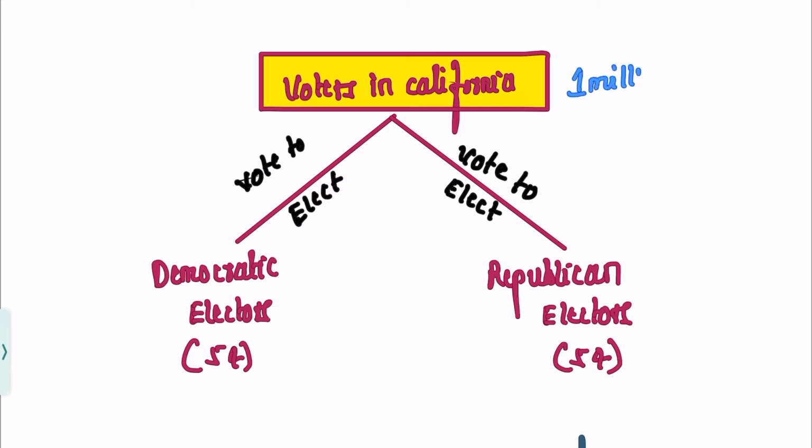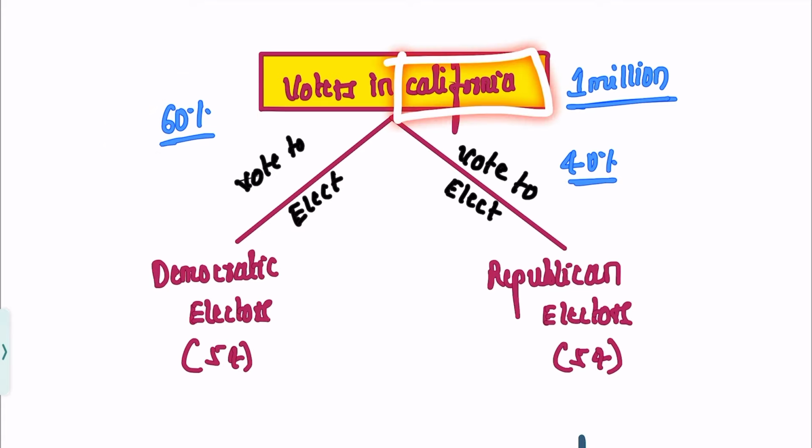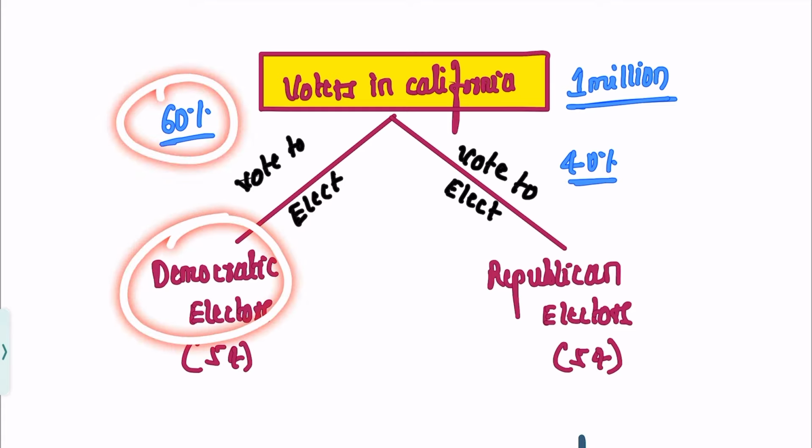And if among these 1 million voters, 60% voted for the Democratic Party nominee and 40% voted for the Republican Party nominee, which party has the majority? The Democratic Party has secured the majority of votes in California, right?